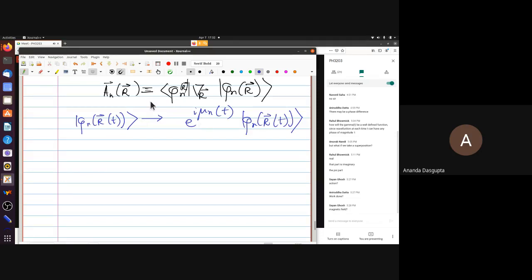But now let's see how A_n changes when you do that. What will happen when you plug in this new phi_n into A_n? It will be the new phi_n, grad_R of the new phi_n, right?